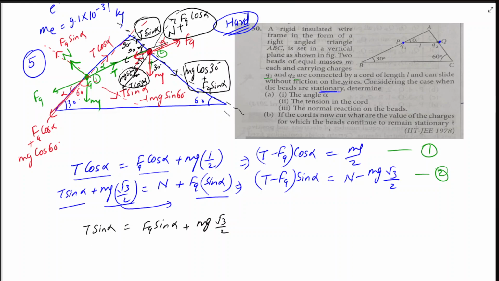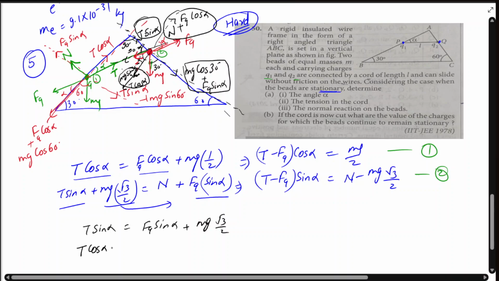And here we can resolve these forces. What will it be? T cos alpha plus mg sine 30 degree, and sine 30 degree will be 1 by 2, right? This will be equal to this force, which I can write here as normal plus FQ cos alpha.